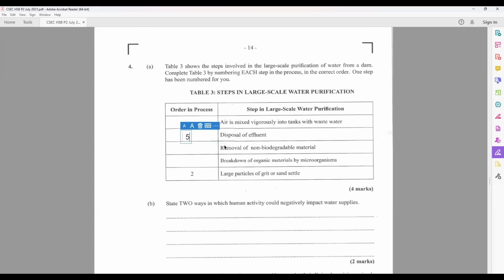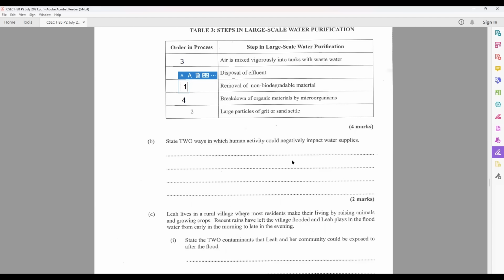So I will start off with number 5, which is the disposal of the effluent. We will find number 4, the breakdown of the organic material by microorganisms. Number 3, air has to be mixed. Remember, these microorganisms are living. They need to respire. Number 3, number 2 has been done for us. So we just have number 1, which is the removal of non-biodegradable material.